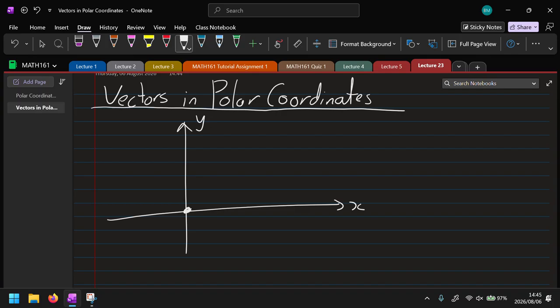So any vector here, we can write as something i hat plus something j hat. I'm going to put the little arrow at the top. That's just my notation for the vector.